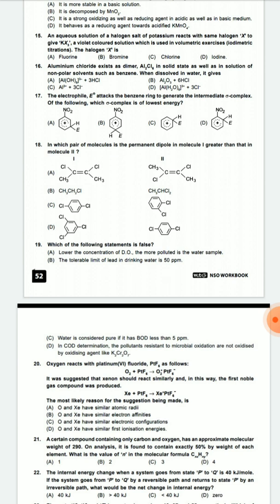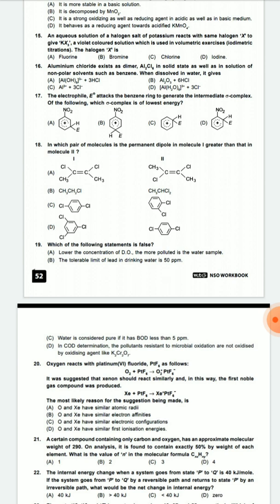Option 2 is CH3CHCl2. Option C is Cl benzene Cl. Options A, B, C, D are given. So question number 18 is asking which is the correct pair of molecules in the permanent dipole.